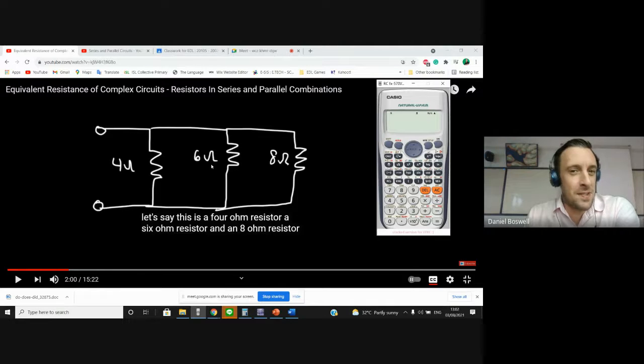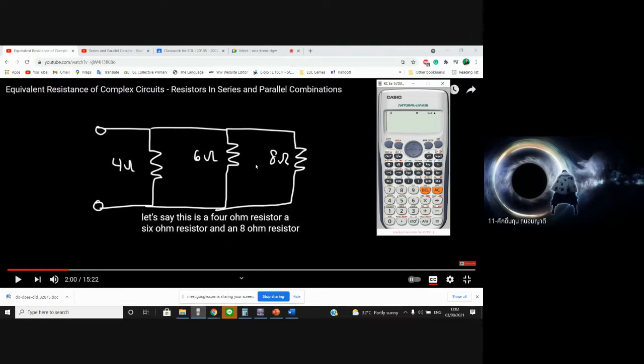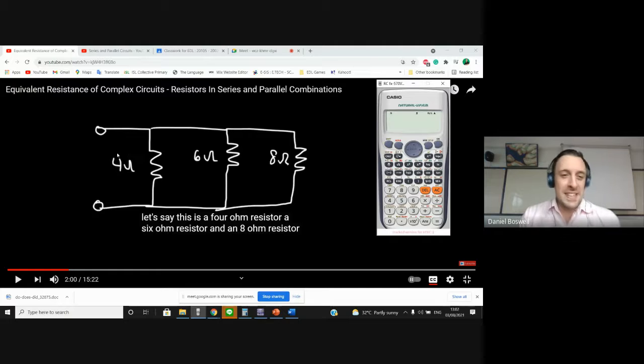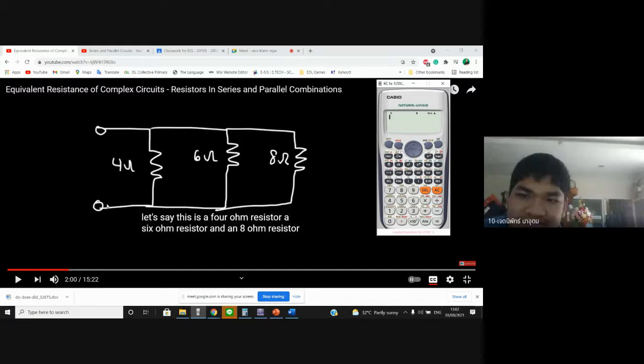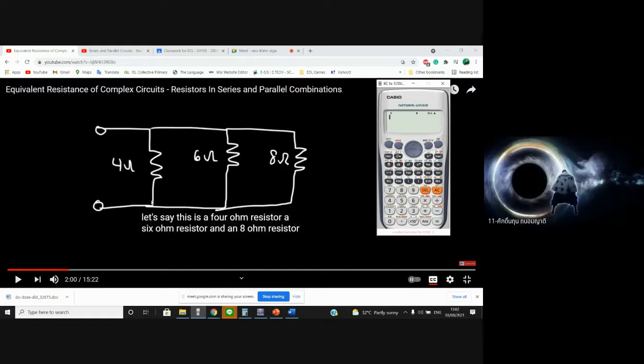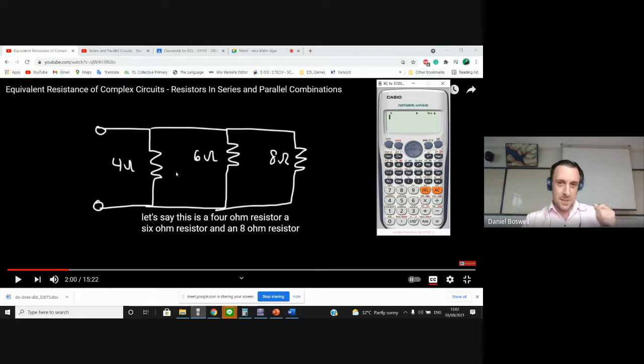Resistor 1, resistor 2, and resistor 3 are in series, yes or no? No. Good job. They're all in parallel.